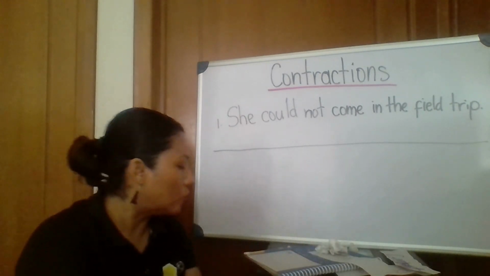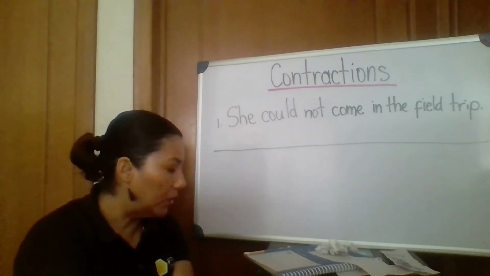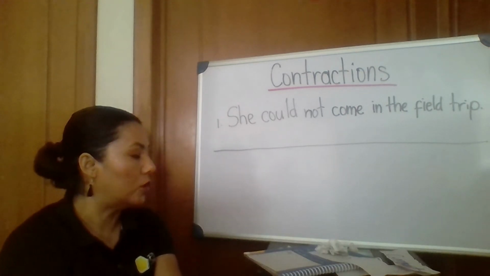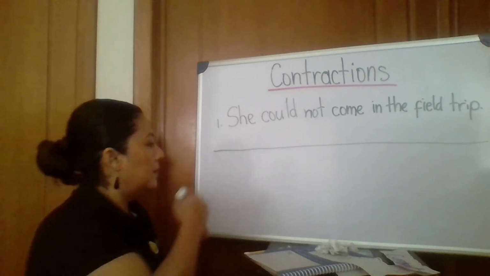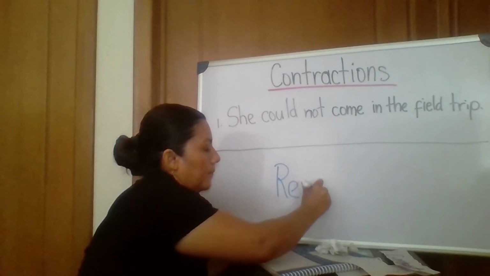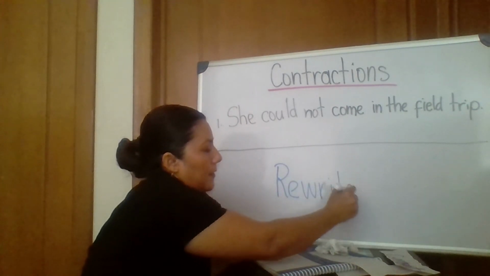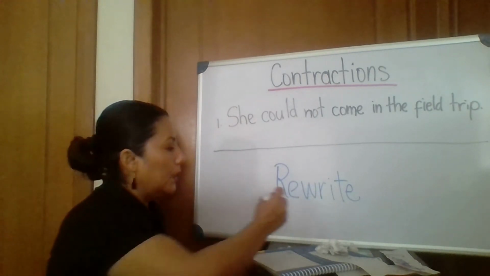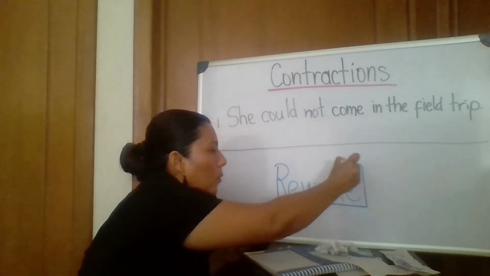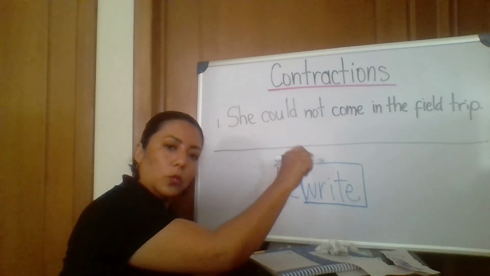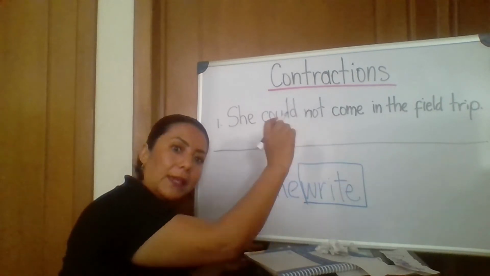If you look at the instructions, it says rewrite the following sentences using contractions. The book says rewrite. We know this means write. Use your pencil and write letters. Write.